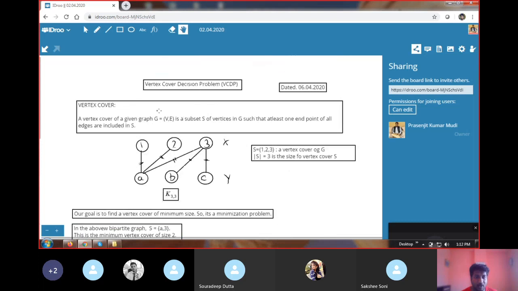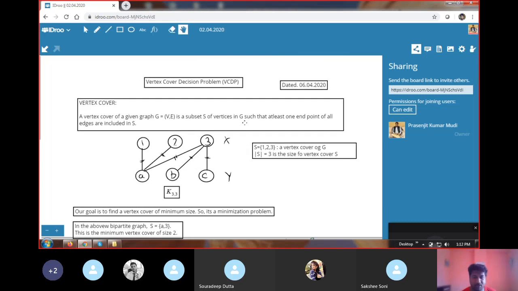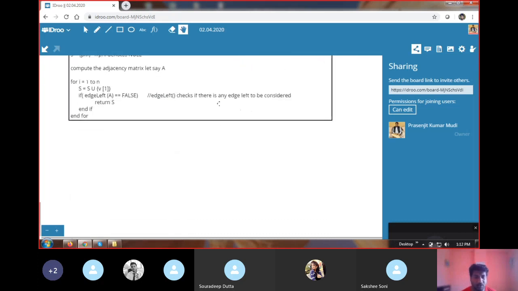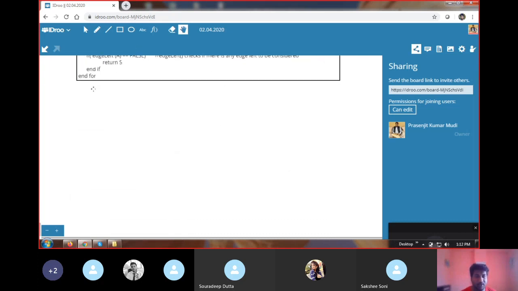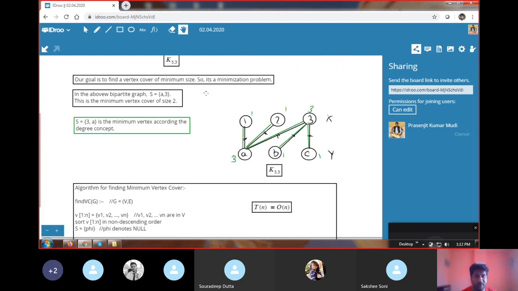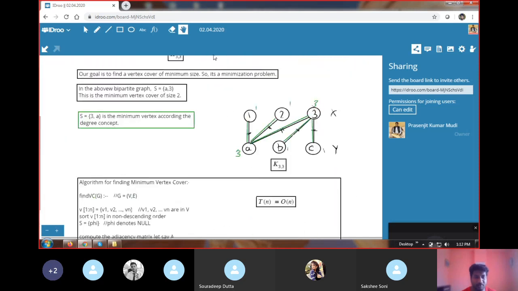Given a graph G equal to V comma E, we have to check whether that graph contains a vertex cover or not. So the problem now is the vertex cover decision problem.